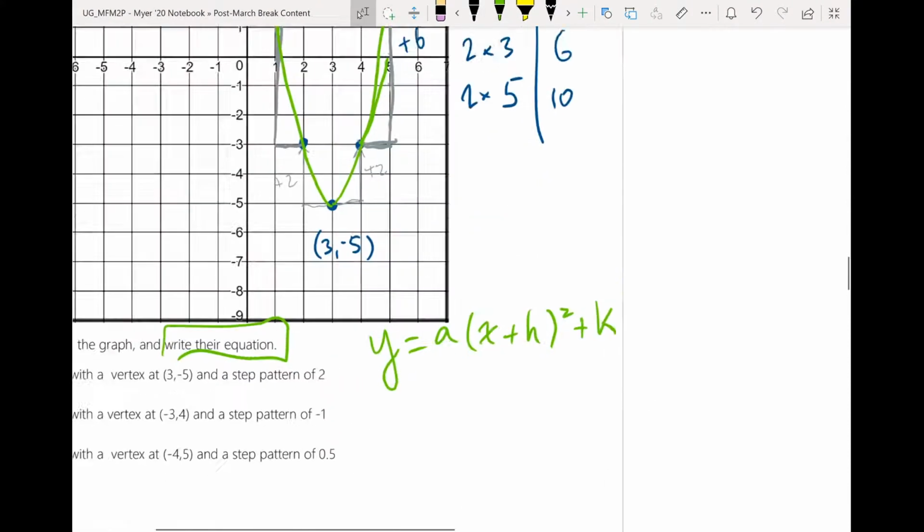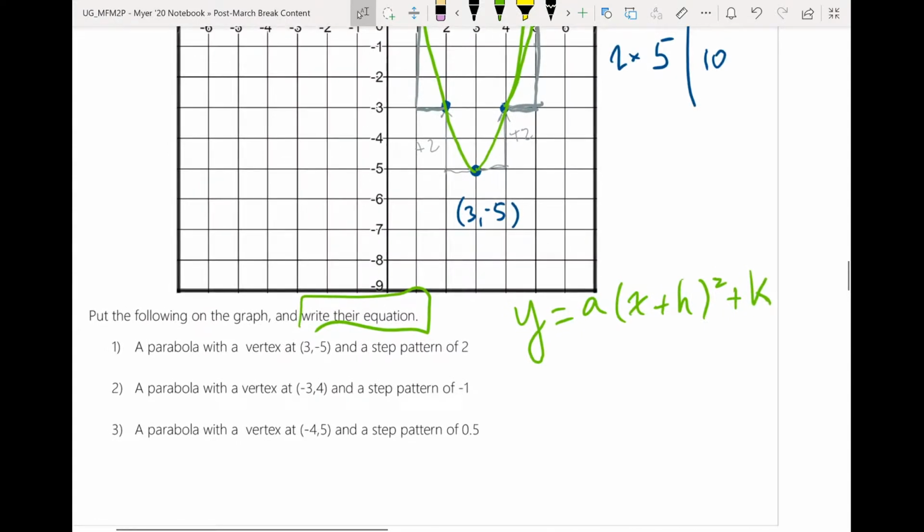All right, so our step pattern is 2. That's the easiest place to start. So the letter A becomes 2.